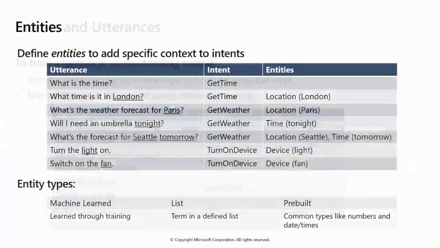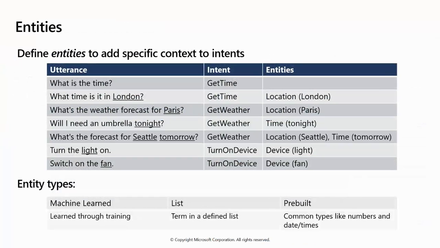Now, the entities are used to give intents more details about what is going on. For example, you could define a turn on device intent that can be used on more than one device and then define the different devices using entities. Okay?